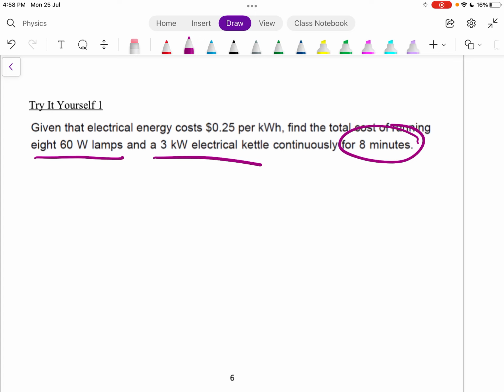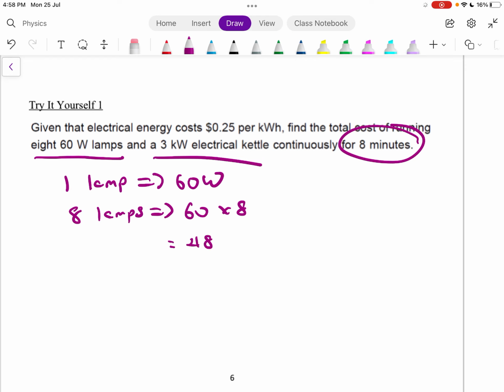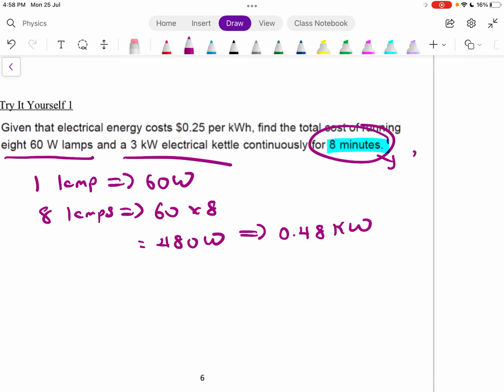One lamp is 60 watts, so 8 lamps is 60 times 8, which is 480 watts. Convert to kilowatt by dividing by 1000: 0.48 kW. Since 8 minutes is in minutes, we must convert to hours: 8 over 60 hours.